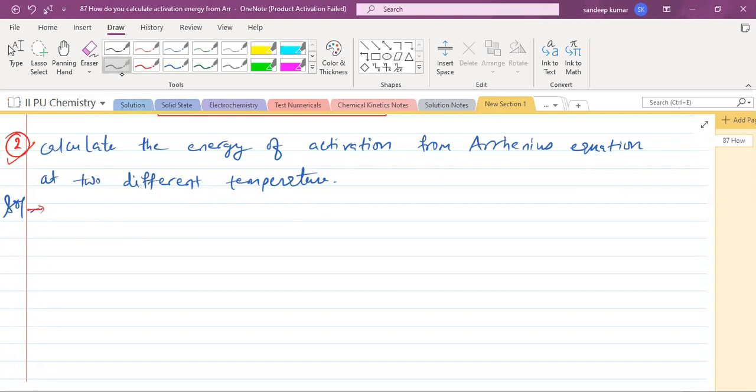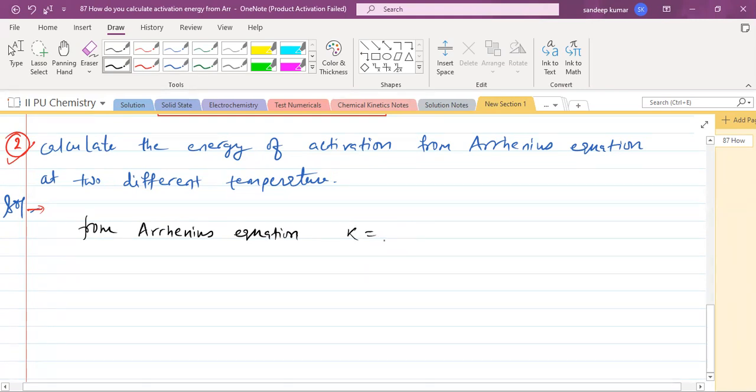From the Arrhenius equation, what is the Arrhenius equation? We know that the rate constant k is equal to A into e to the power minus Ea upon RT. Yes or no? So when the temperature is T1, let the rate constant be k1.